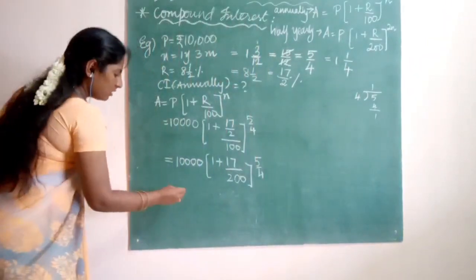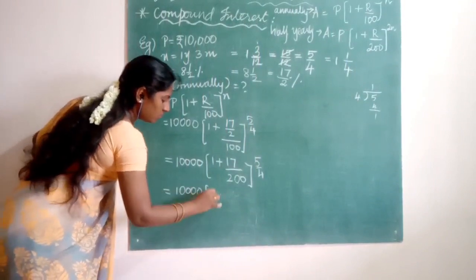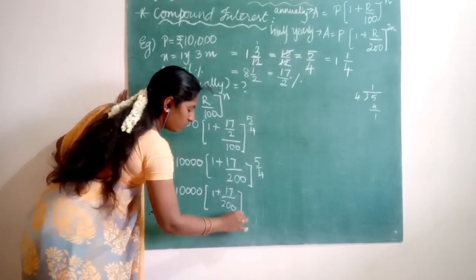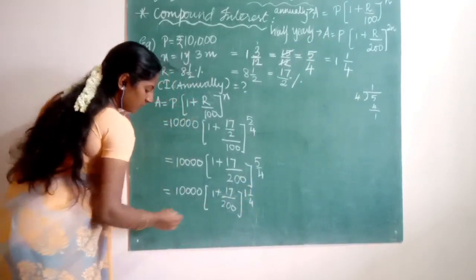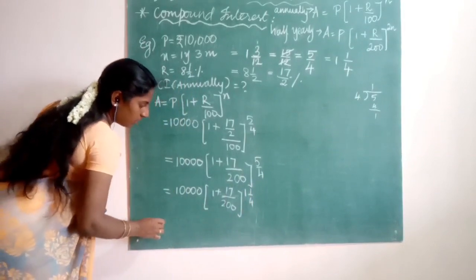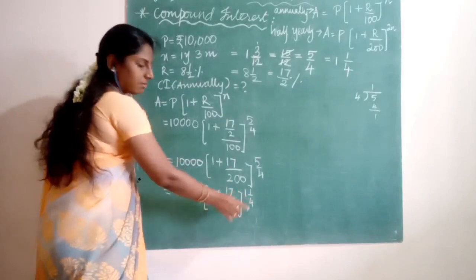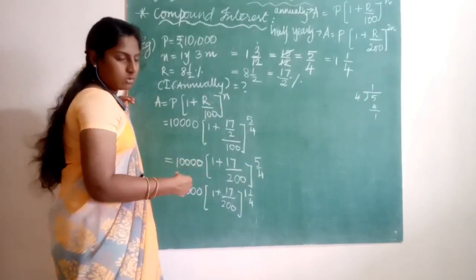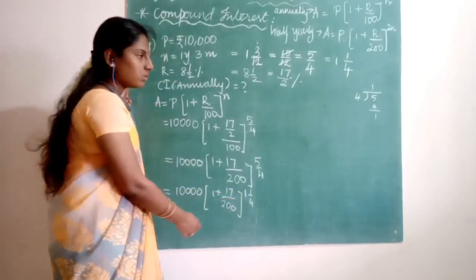So here this can be written as 10,000 into 1 plus 17 by 200 whole power 1 by 4. So this one can be split. First we can calculate for 1 year, then for quarter of a year. This is quarter of a year, right? 1 by 4 means quarter. So this is for quarter of a year. First we will calculate for 1 year.